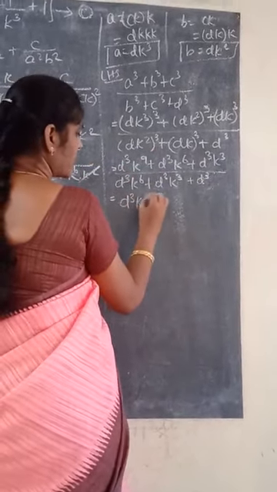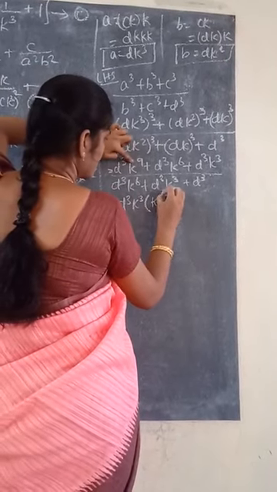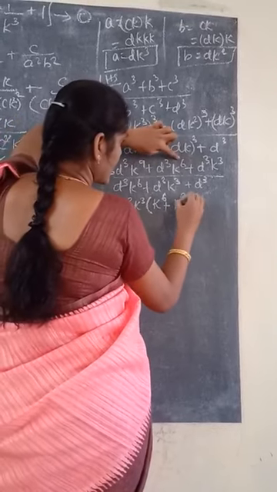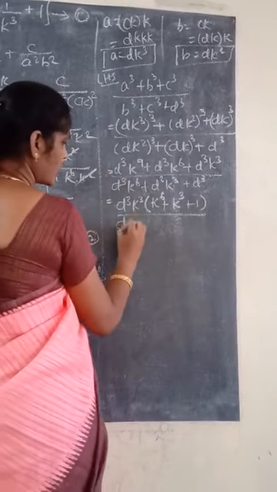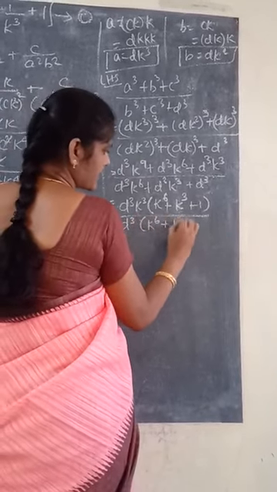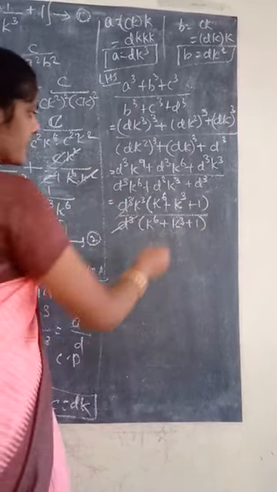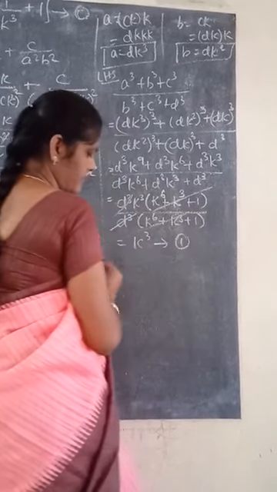So d cube k cube common, remaining k power 6 plus k power 3 plus 1, divided by, here also d cube common, k we don't have any common term. So k power 6 plus k cube plus 1. d cube cancels out, and both the terms cancel, equal to k cube. Take that as equation number 1.